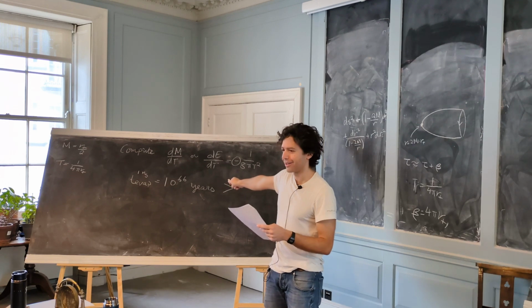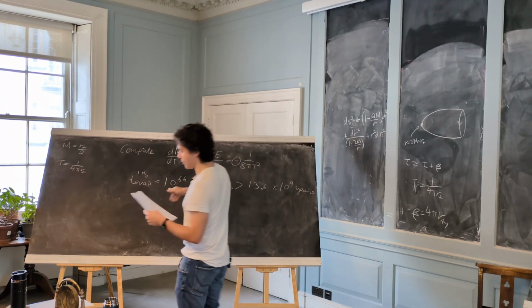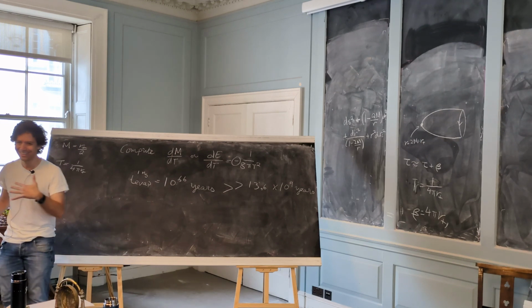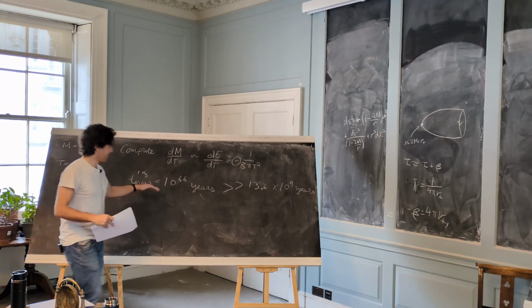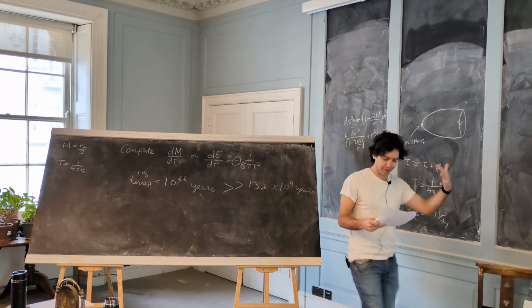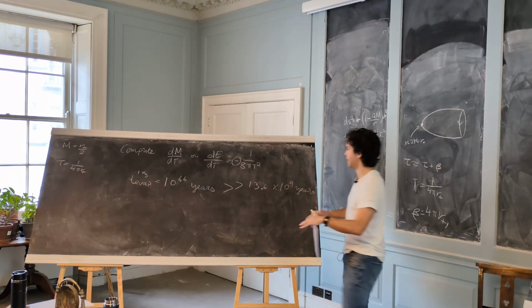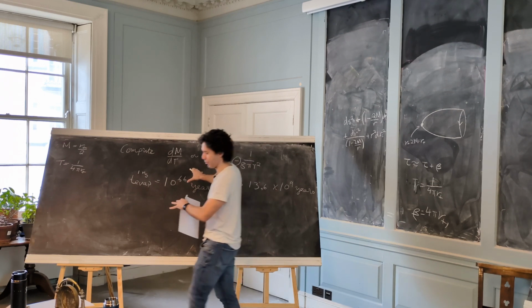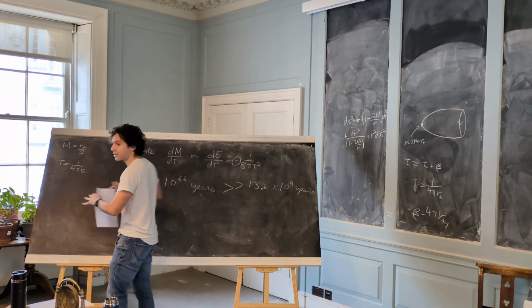So the evaporation time for a solar mass black hole is very far out of the realm of effective field theory. So you have to take a lot of what we say with a grain of salt, because who knows what the laws of physics will be in 10 to the 66 years.